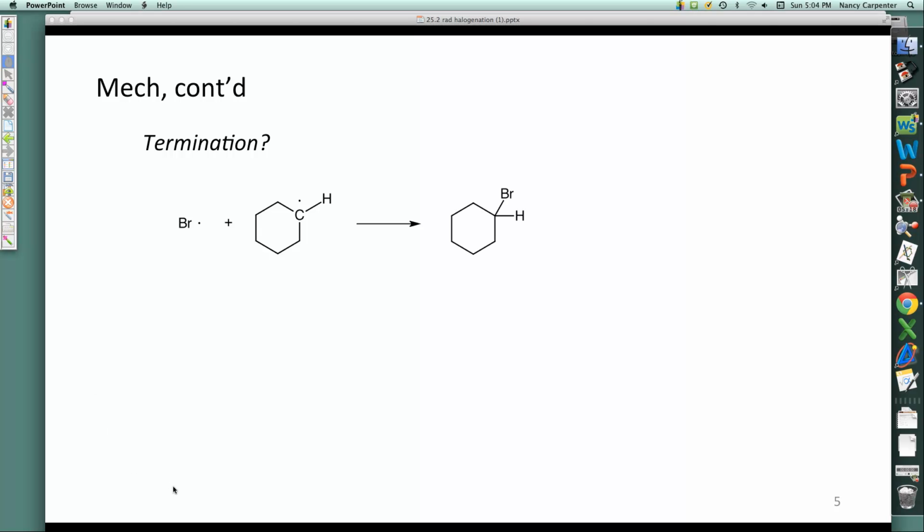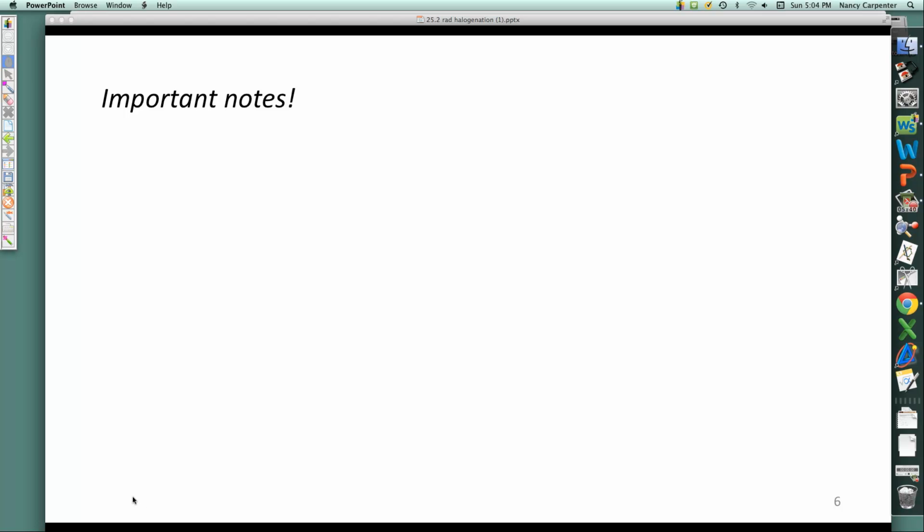It's a let's make more product kind of step. Yes, it's a termination reaction in that the radicals are quenched, but it doesn't end the reaction per se. An obvious termination step would be a recombination of the two bromine radicals. That's just a reverse of the initiation step. There are a multitude of different possible termination steps.